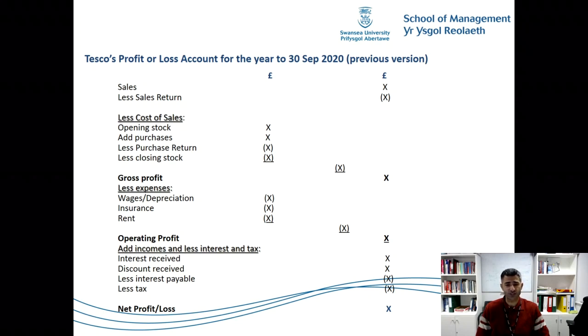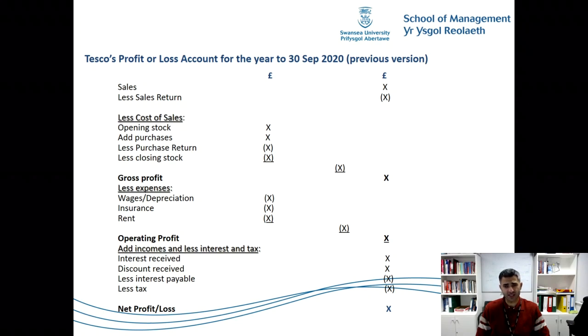In terms of cost of sales, it gives you the formula here, which you need to know by heart because you are going to use it a lot. Opening inventory plus purchases minus closing inventory. If there is a purchase return, you also need to deduct it. So you will reach cost of sales. Sales minus cost of sales gives you the gross profit.